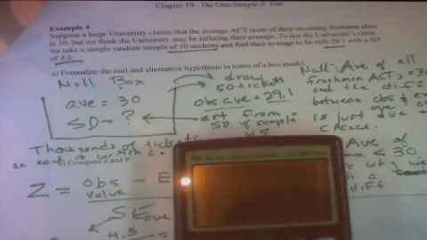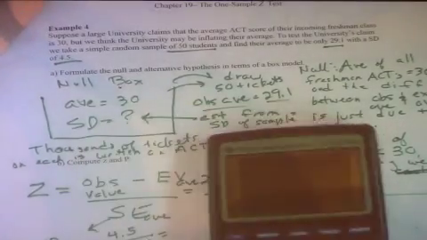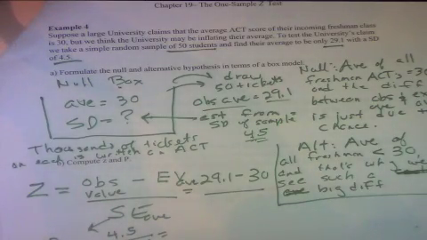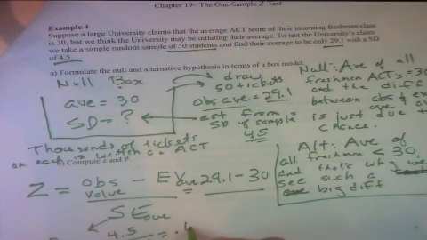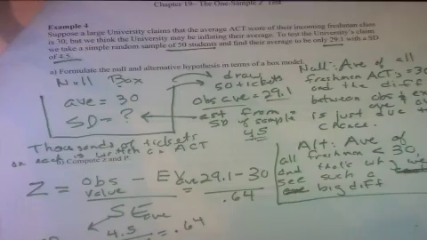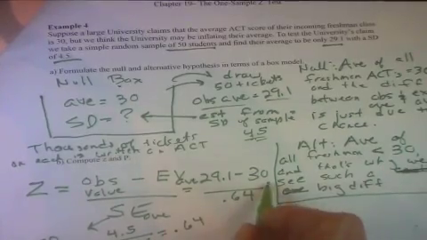And what did I get? 0.6363. Okay, so that's about 0.64. That's what we'll put here. Okay? I could do it exactly here.